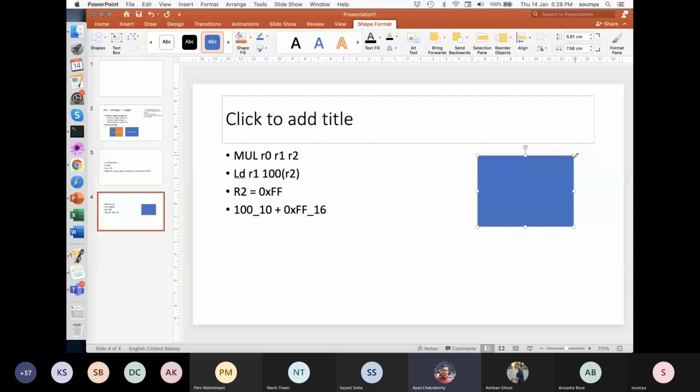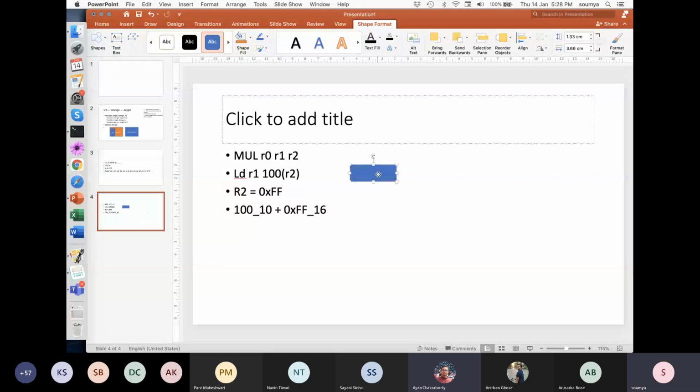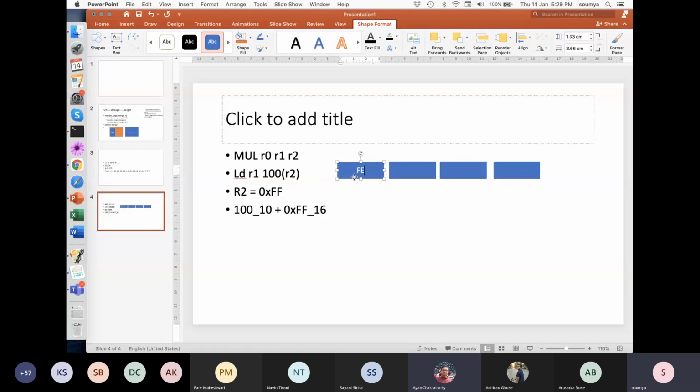So if multiple access is not allowed, then only one will be able to take place. Why will multiple accesses happen? Sir, because the ith instruction will be in the mem stage, whereas the i plus 4th instruction will be in the instruction fetch stage. So both will be trying to access a memory. One will be trying to access the instruction from the memory, and one will be trying to access the data from memory.